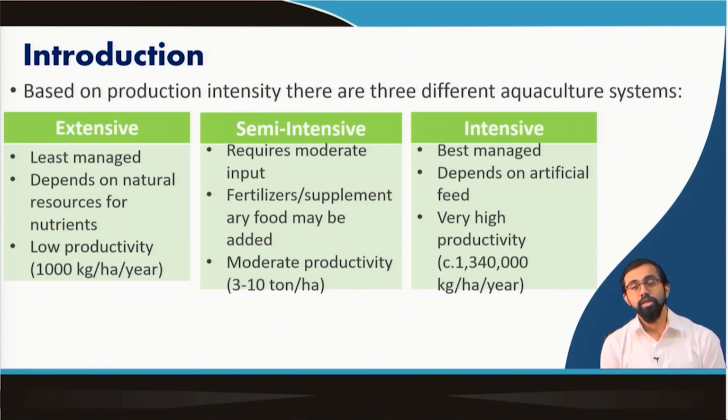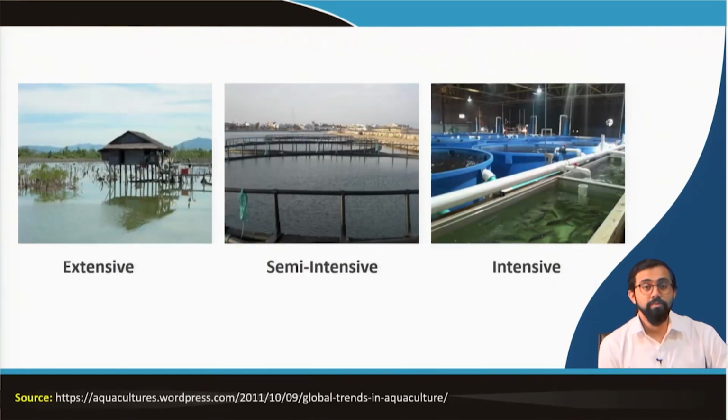It has moderate productivity, like 3 to 10 tons per hectare. Intensive aquaculture is based on artificial feed, and we normally go for very high productivity, which can go to almost 1.3 lakh kg per hectare per year.